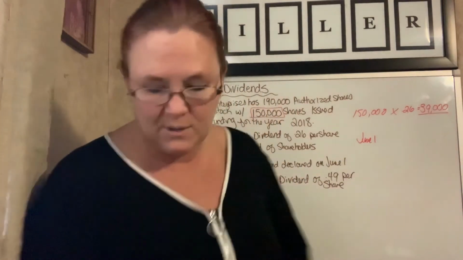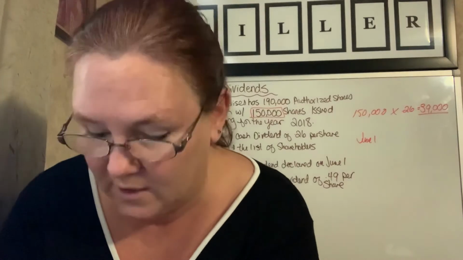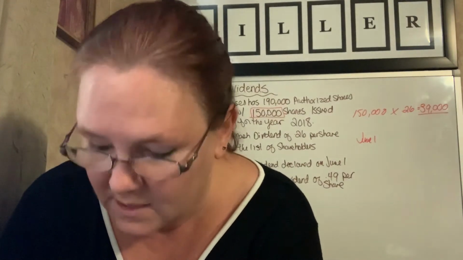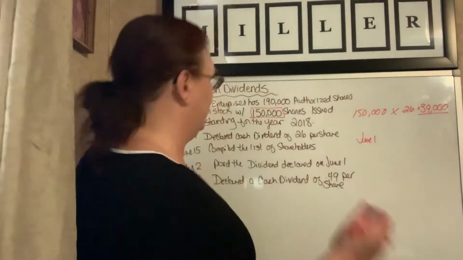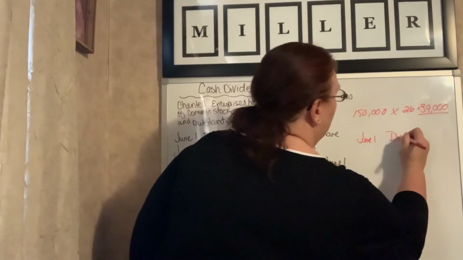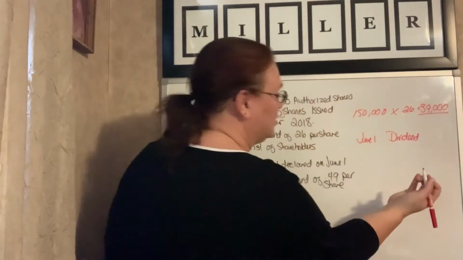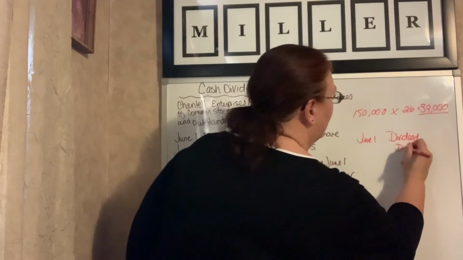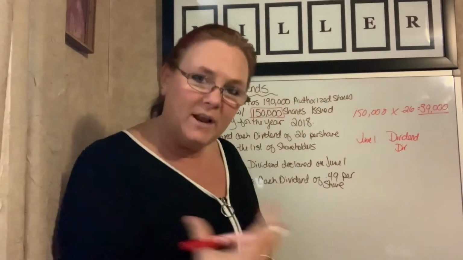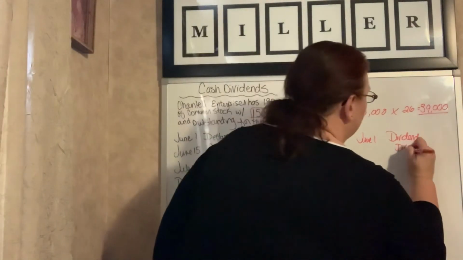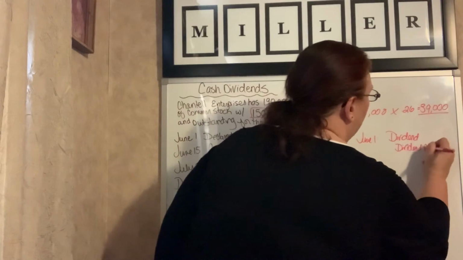If you look at your textbook, this entry for declaration of dividend is on page 511. You're literally going to put dividends for the cash dividends themselves. And then if you look at it, you're creating an IOU. You're creating a liability, right? So dividends payable.